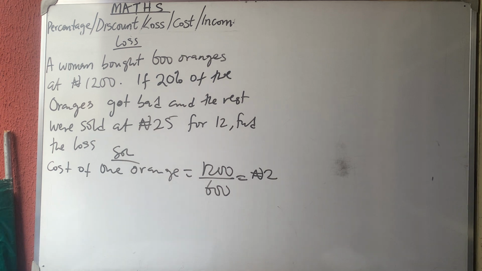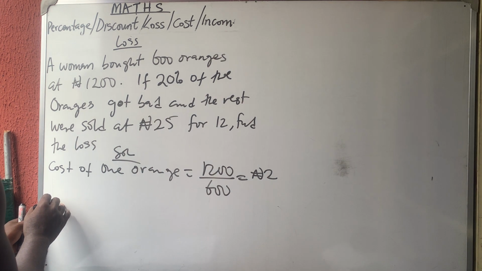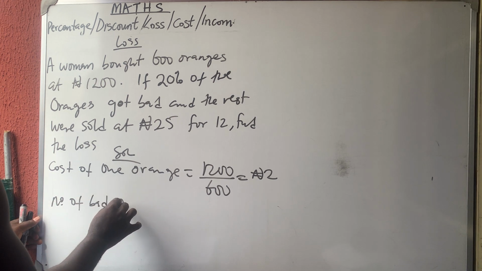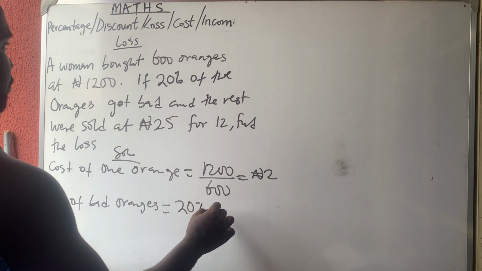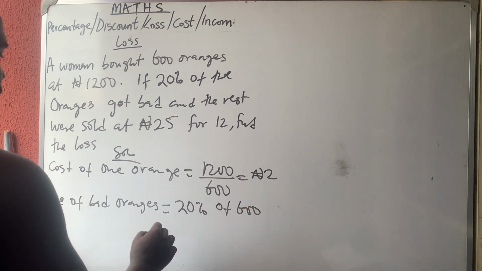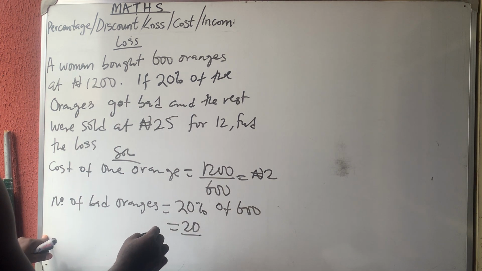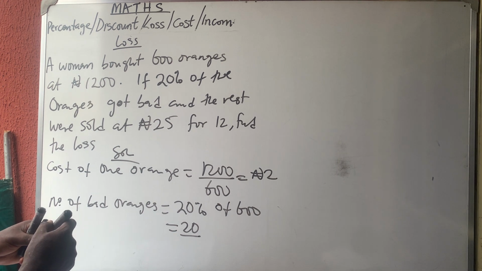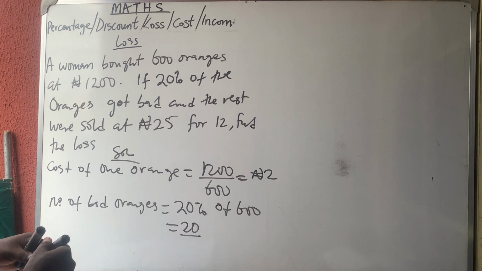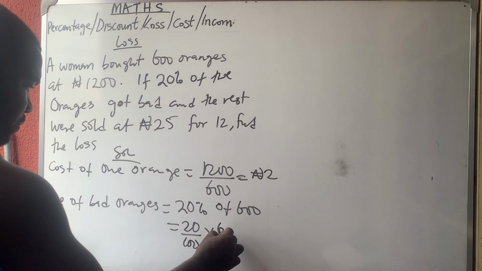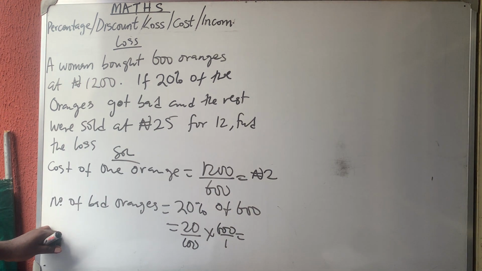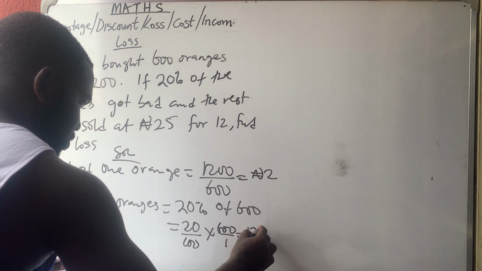And if 20% of the oranges got bad, the number of bad oranges is 20% of the total of 600. So 20 over 100 times 600 over 1, which gives us 120 oranges.